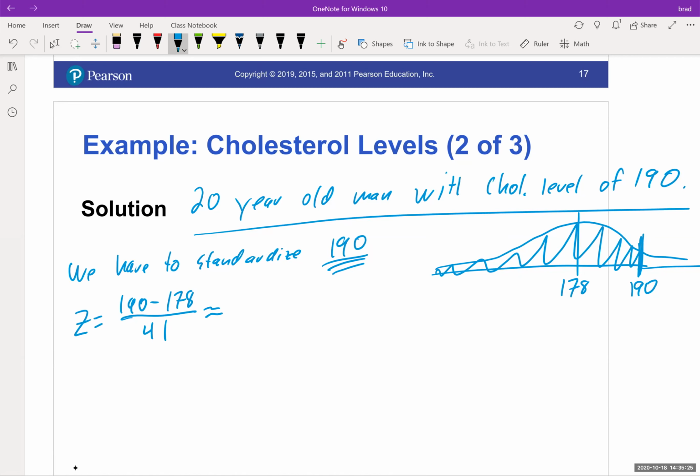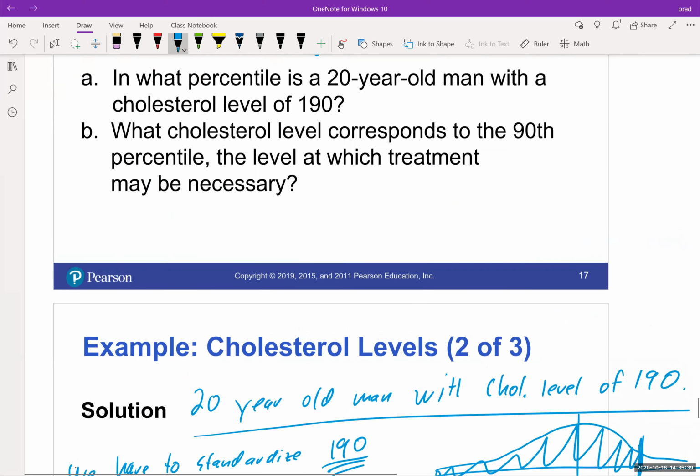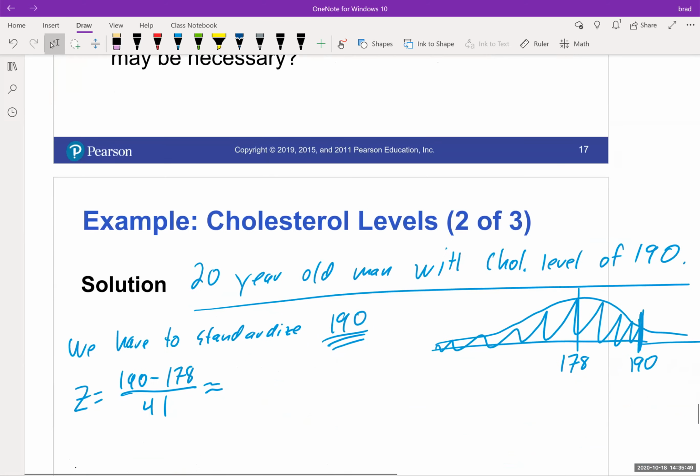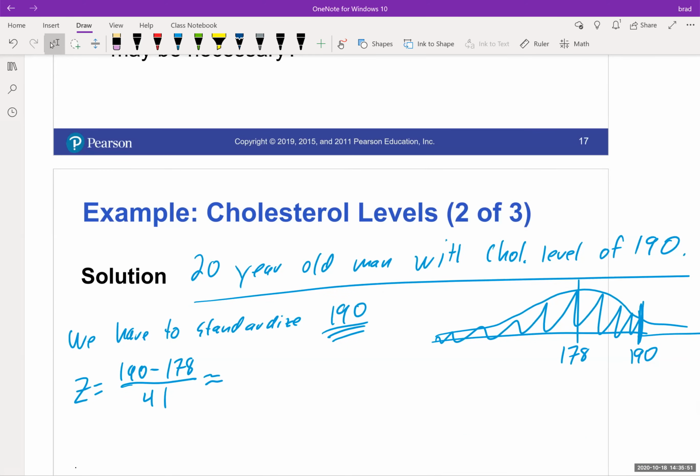I'm going to say 190 minus 178, and then divide by 41. Oops, did I do something wrong here? 190 is the data value minus the mean. Let me see here. So I have a Z-score.